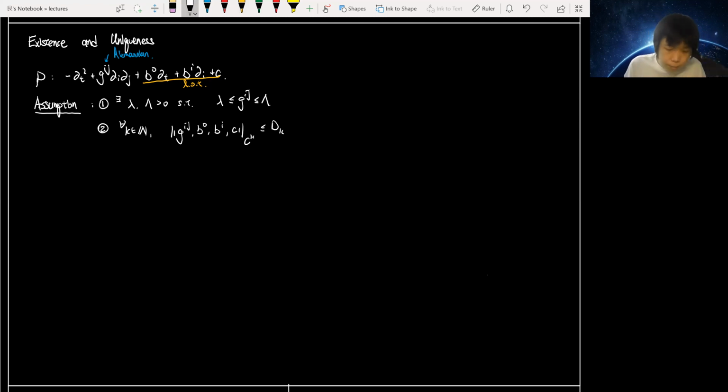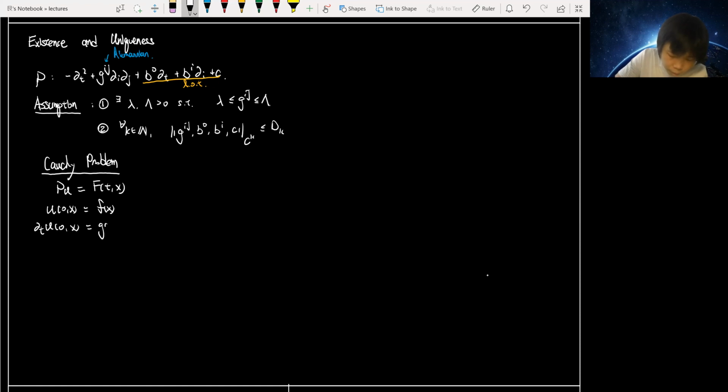And we want to study the so-called Cauchy initial value problem. That is the following system, Pu equals a function, capital F. And we want to assign its initial value and the initial velocity: u(0,x) is a function f(x), ∂_t u(0,x) is g(x).